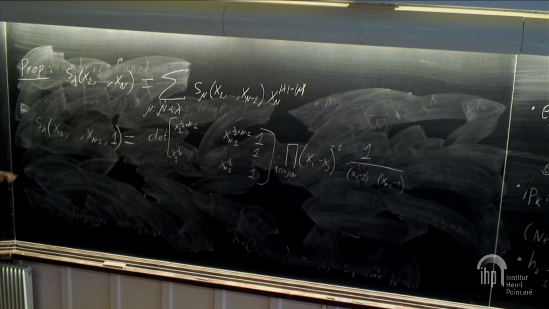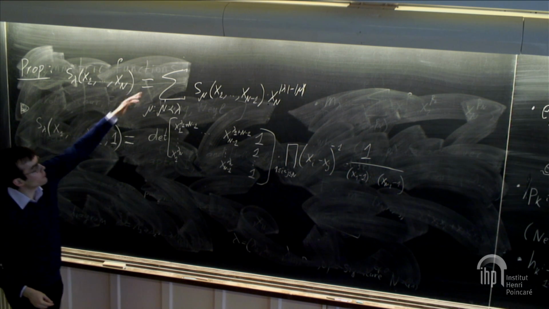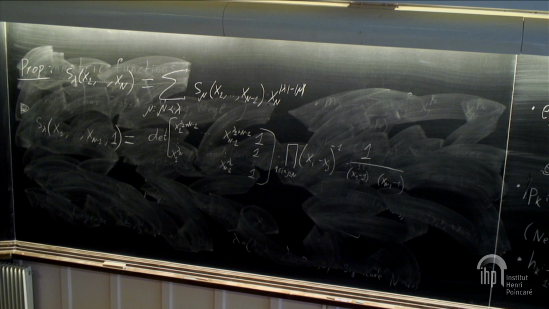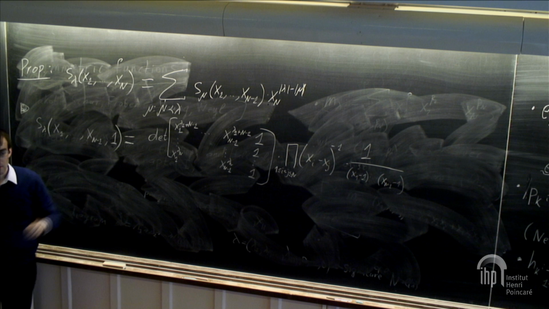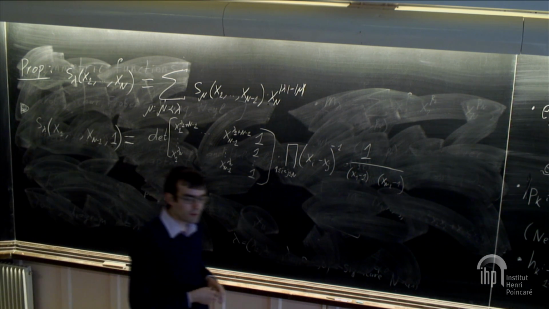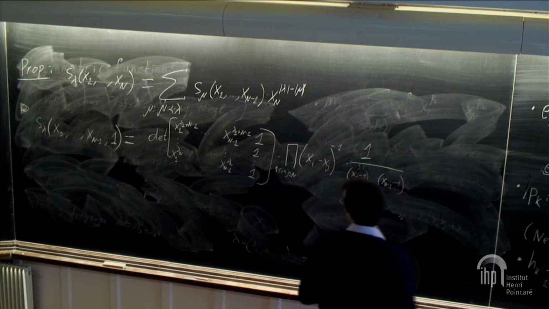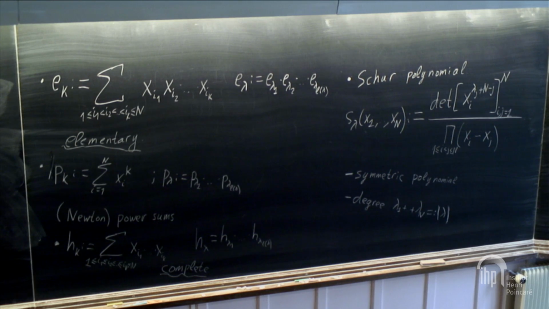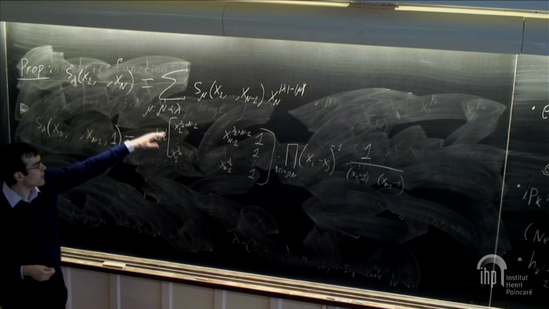Now I want to see this structure. I already wrote an answer. So what can we do? How can we try to prove this equality? Well, expand the determinant. We will obtain some large determinants.